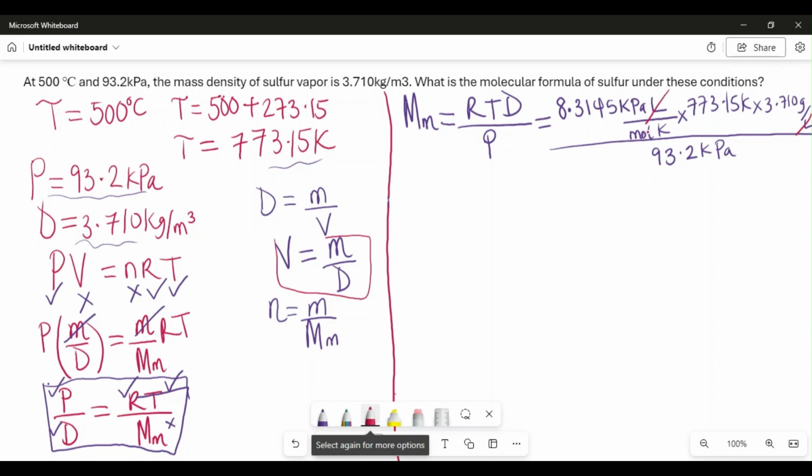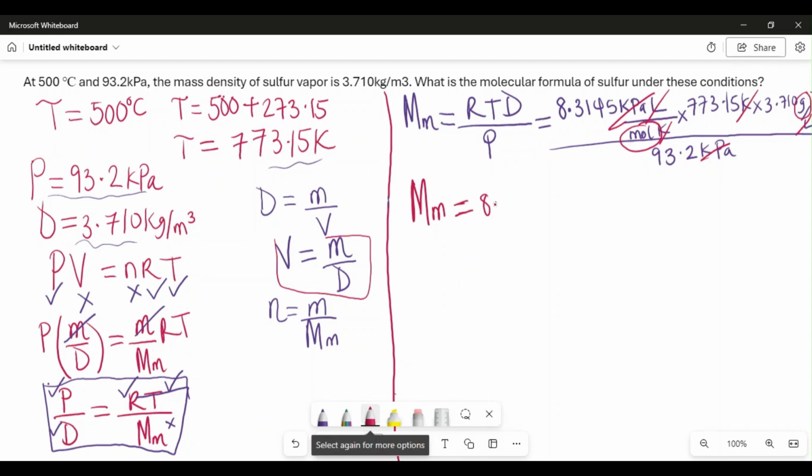We're going to cancel out the Kelvin, and we're going to cancel out the kilopascal. And what we're going to end up with is just having the gram right here and the mole right here. So let me just rewrite everything. Molar mass equals, just rewriting anything that hasn't been canceled out so everyone understands.